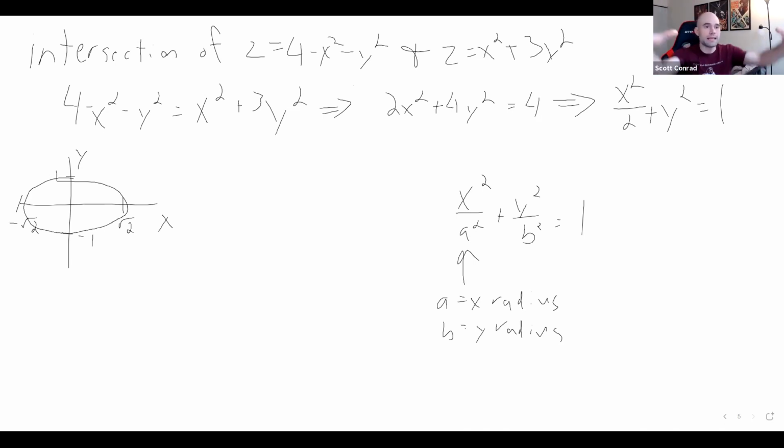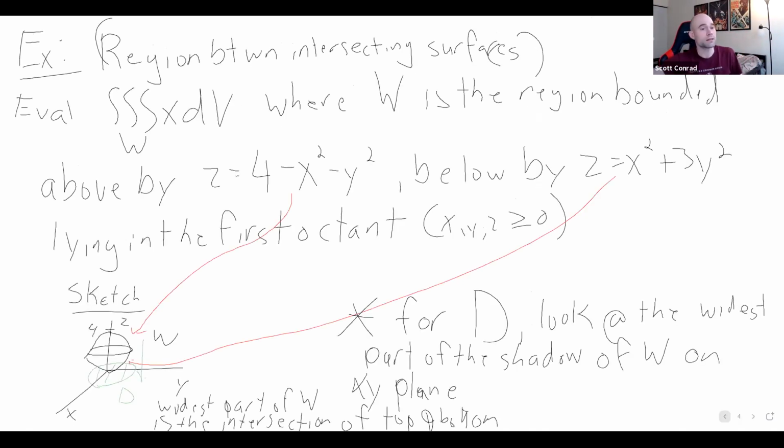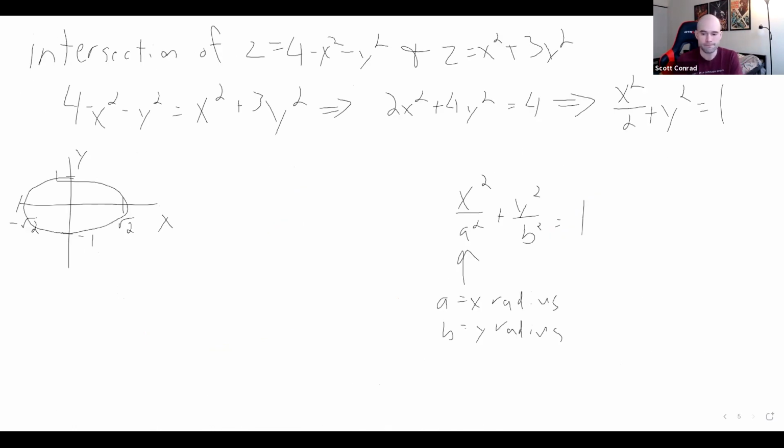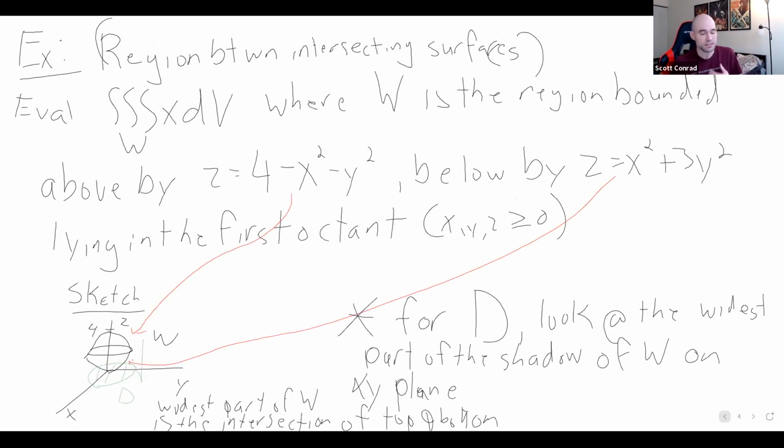So this is going to be the outer bit of our region D. But if we forget about the first octant thing, if we just look at the top surface and the bottom surface, project this down to the xy plane, the region inside of that guy is going to be our D. But we're told that we're just looking at the bit in the first octant where x, y, and z are positive.